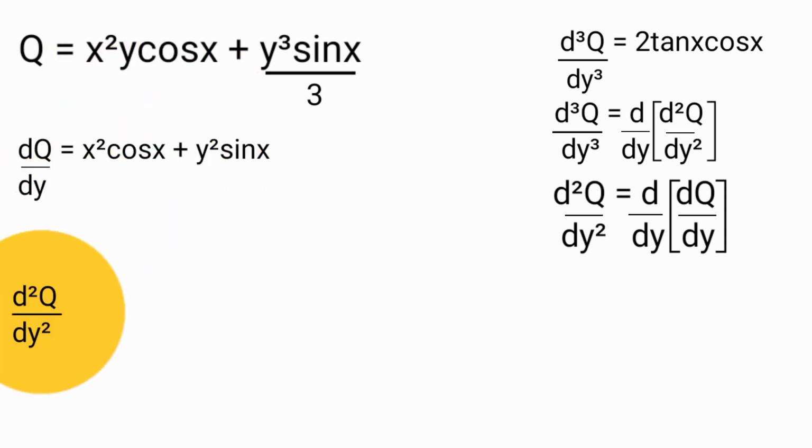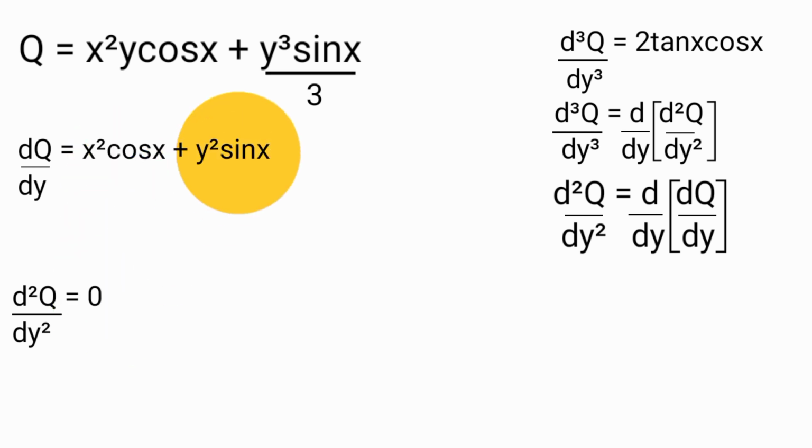Then the second derivative. The second derivative is the derivative of the first derivative, which is this here that we just found. Now starting from here, y is not here and we are differentiating with respect to y, so its differential is equal to 0.